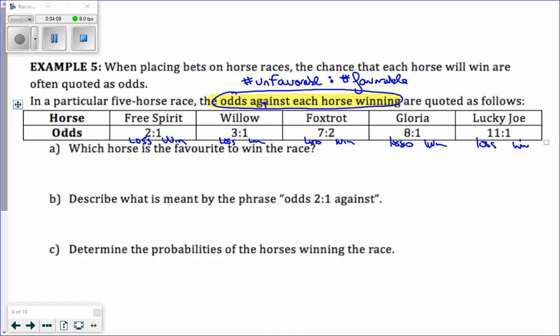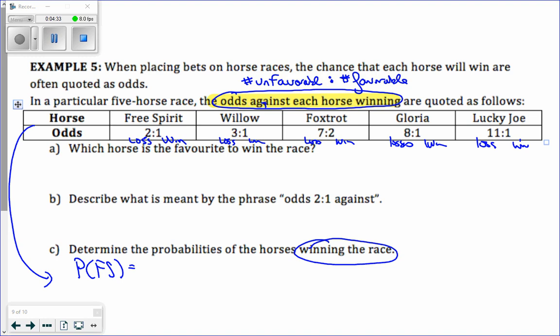So, how would we do this? What I would do is go to probability, because probability shows their percents of winning, right? So the probability that they win the race. So Free Spirit. What is the number of favorables for Free Spirit?